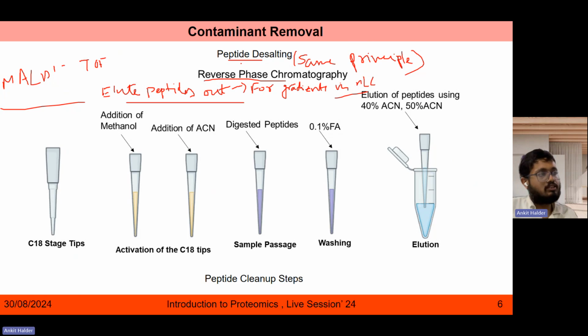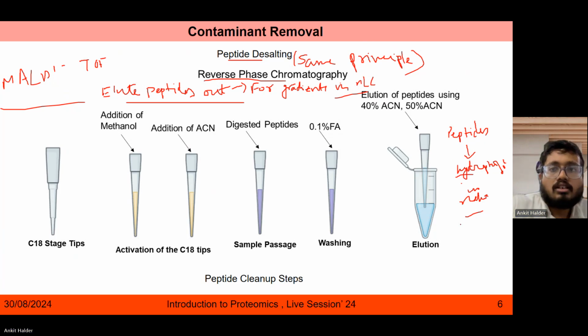So why do we use reverse phase chromatography? If you think of the chemistry, peptides are hydrophobic in nature, right? So peptides are hydrophobic in nature. So how we are doing this is that we are using C18 stage tips.